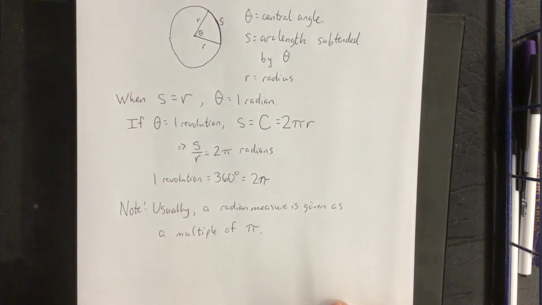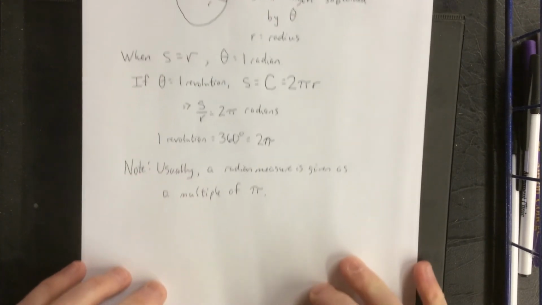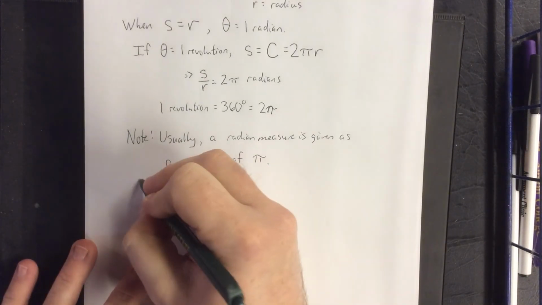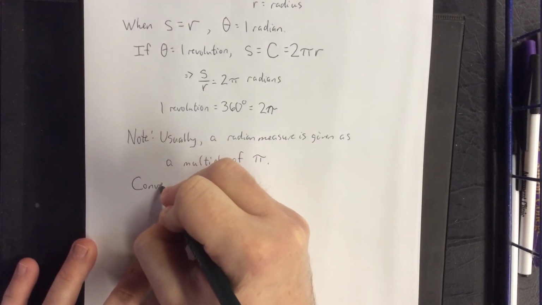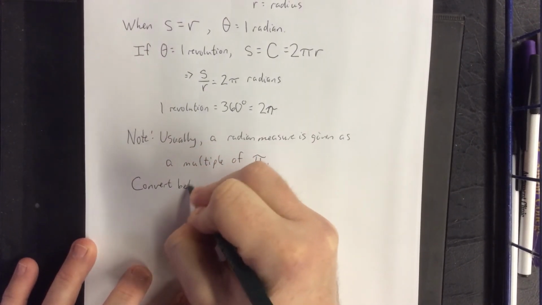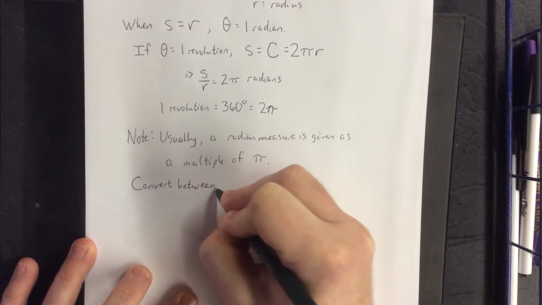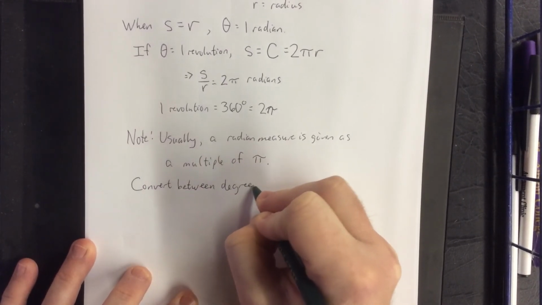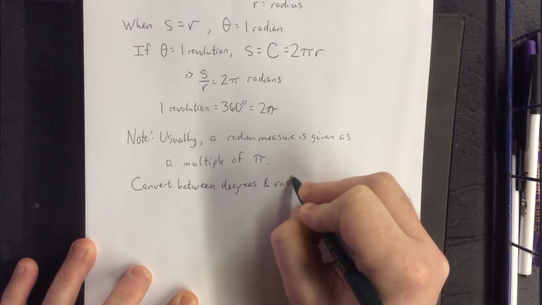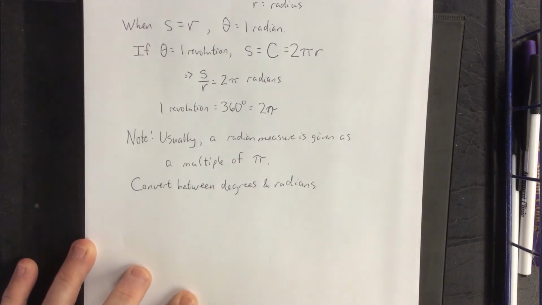Typically a fraction times pi, but we'll see that once we actually start working through some examples. Now, this also means that if I wanted to convert between degrees and radians, we have a method to do so.